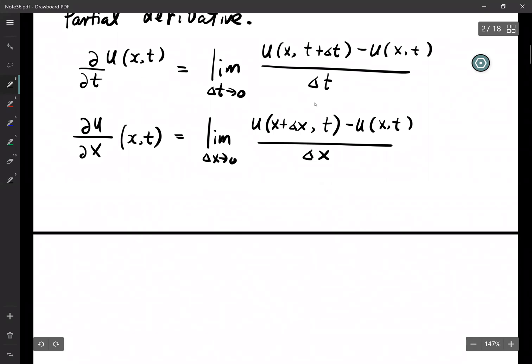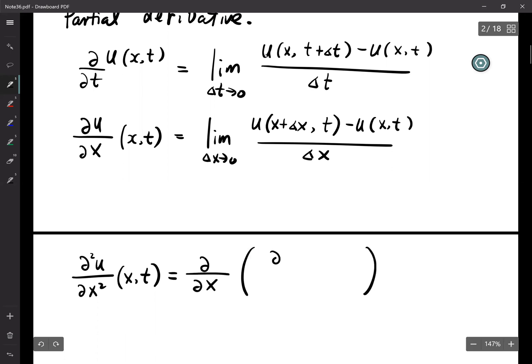Just like the ODE, we can take partial derivatives of a higher order, for example partial squared u, partial x partial t. The definition is that you take a partial derivative over another partial derivative.